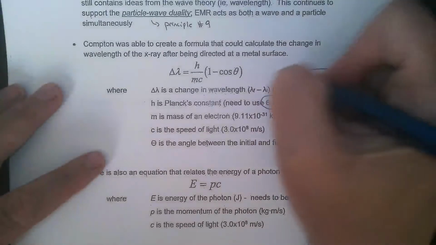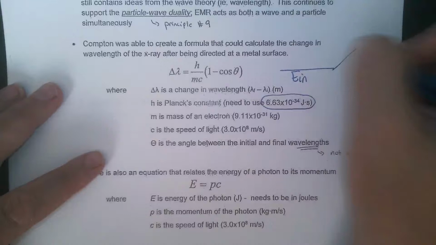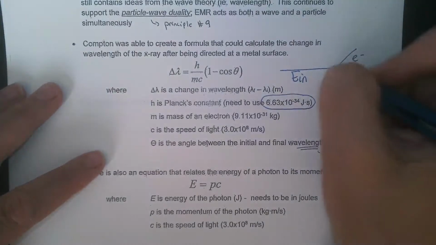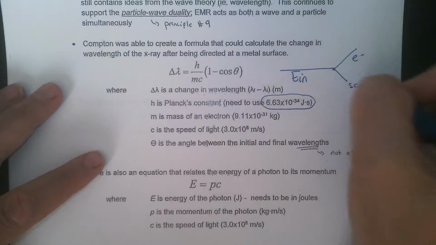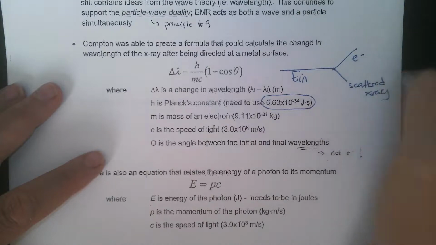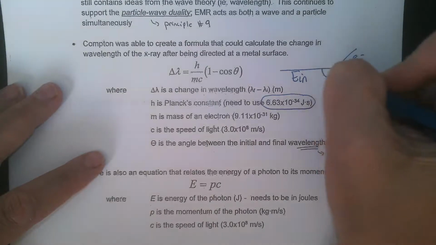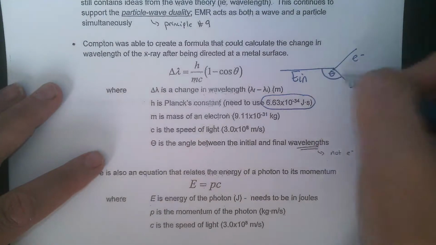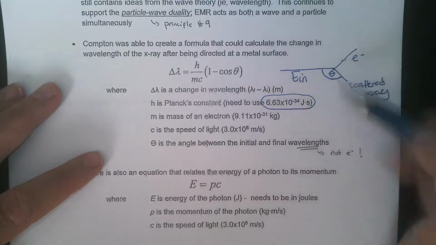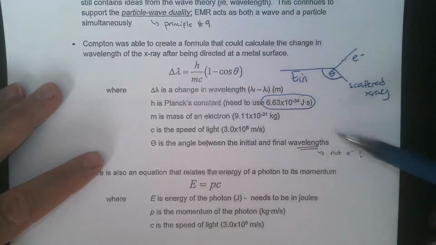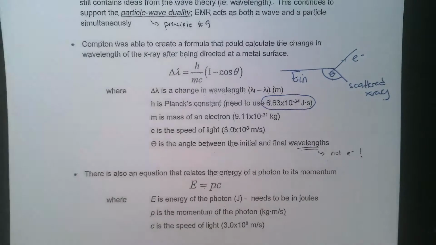This is the energy of the incident photon, and then we see the electron gets ejected, and we have the scattered X-ray. This is the angle that they're talking about, not this angle or this angle. It's this angle here between the initial and the final wavelengths.